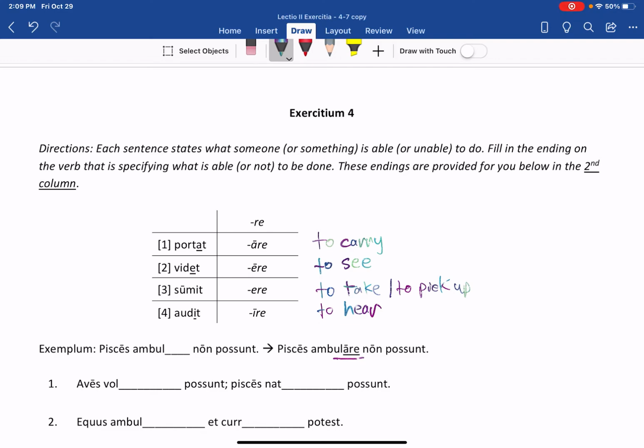Fish are not able to walk. Aves, number 1, blank possunt. Aves volare possunt. Birds are able to fly. Pisces blank possunt. Pisces natare possunt. Fish are able to swim.